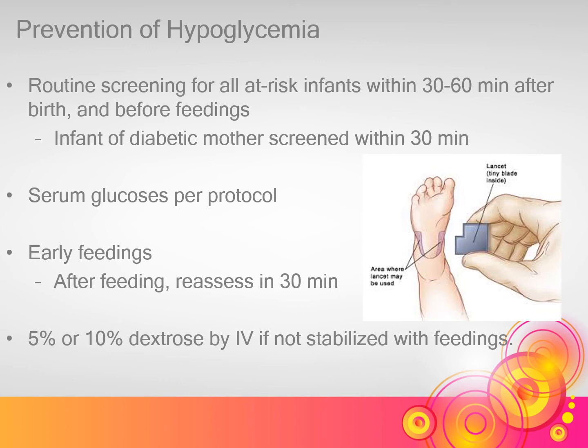Serum glucoses are done per facility protocol. We want to initiate early feedings. So this is when it is especially important that we feed our baby right after birth in the delivery room. Then we'll reassess the glucose in 30 minutes after the feeding. Okay. If we need to do IV glucose, we will give 5% or 10% dextrose.